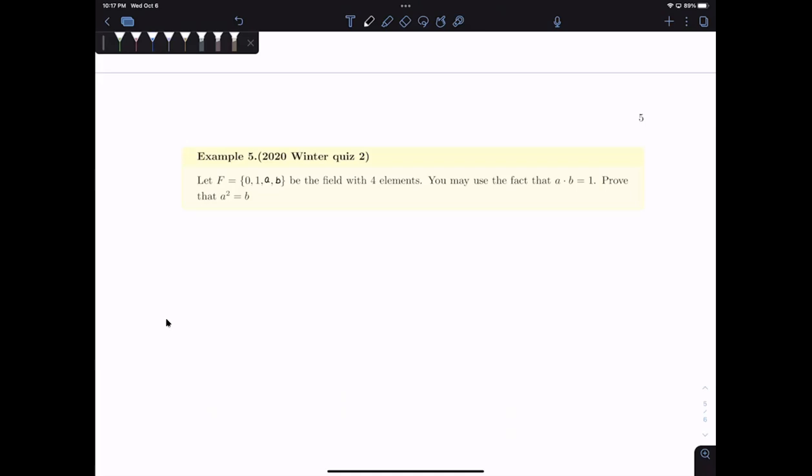Square means a multiplied by a, so it's just multiplication. Yeah, it's basically multiplication, so it's okay.